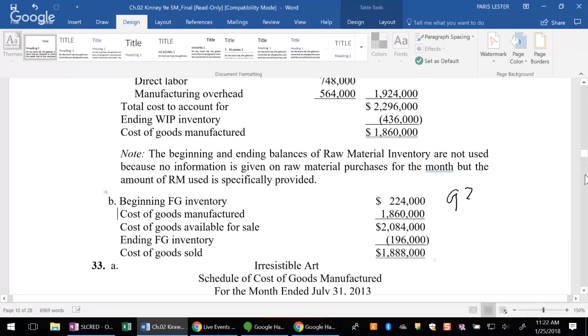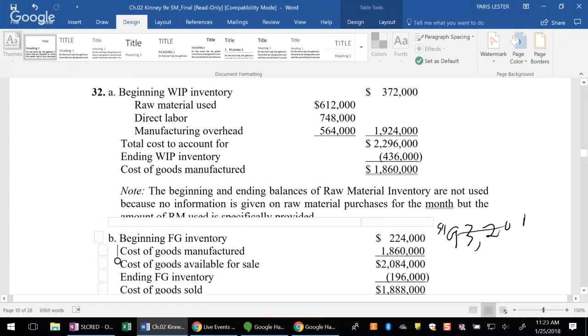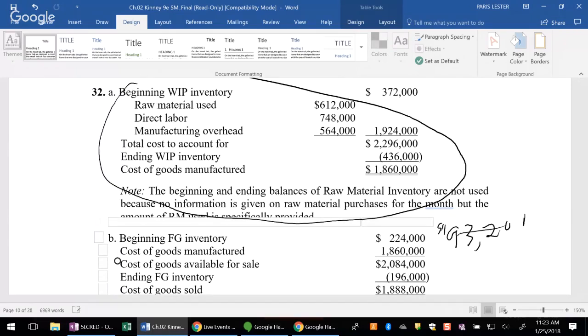Beginning materials was 93.2. What were the purchases? How much did you purchase? They give you direct materials used, don't you? You don't have to do that. So just give me a quick statement. That statement will look pretty much like this. Put that in a manufacturing statement for problem 33.